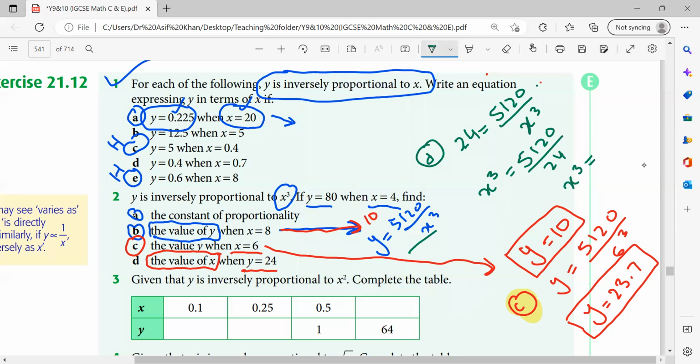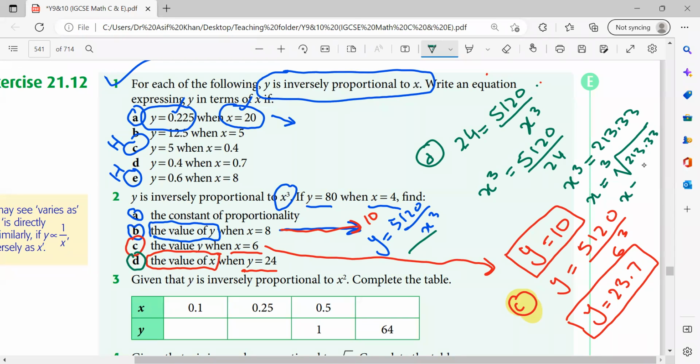Divide 5120 by 24. Sir, it's 213.33. And here you have a cube. How can you remove the cube? By taking the cube root. So x is equal to the cube root of 213.33.